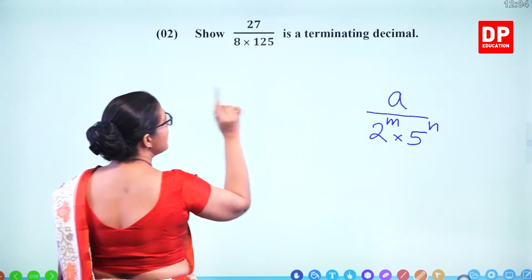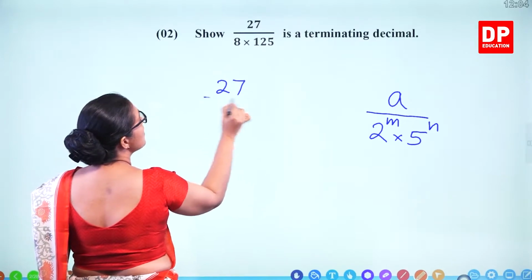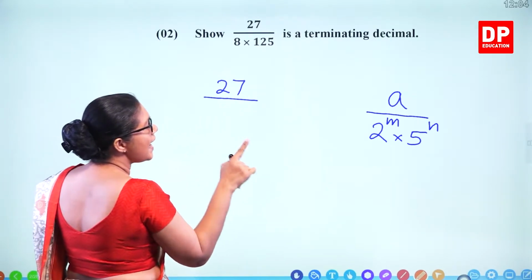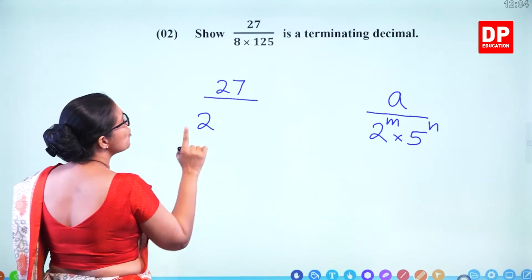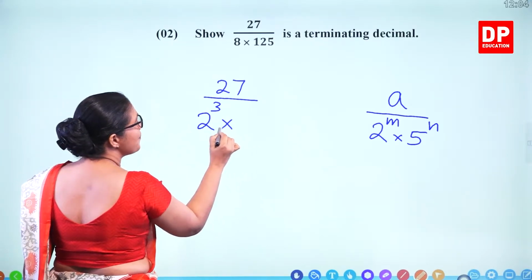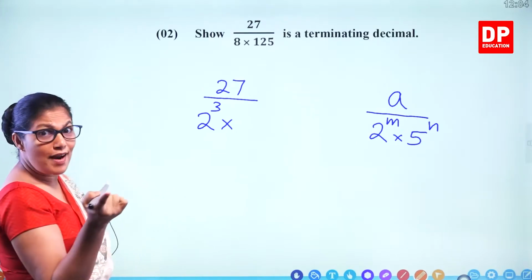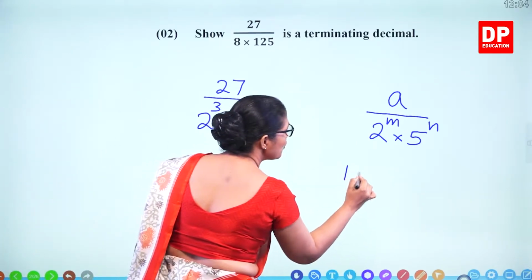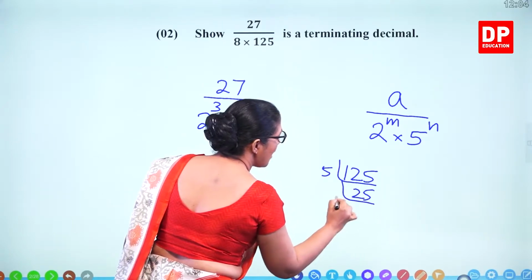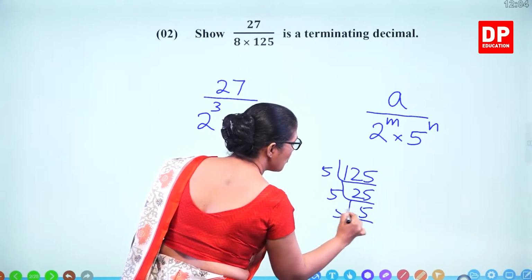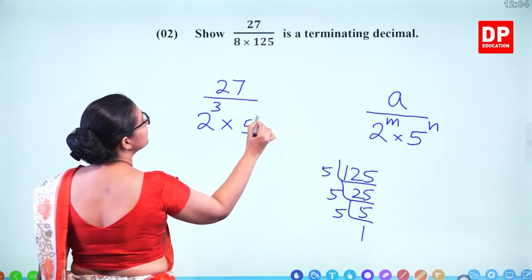The numerator is 27. The denominator 8, how can you write it? You can write it with base 2: 2 times 2 times 2, which is 2 to the power 3. 125, you can divide by 5 and see, so you get 5 to the power 3.